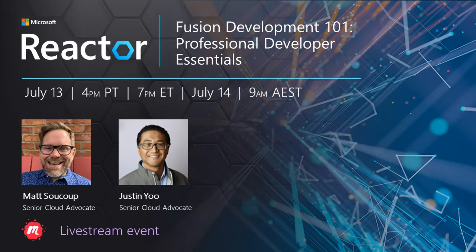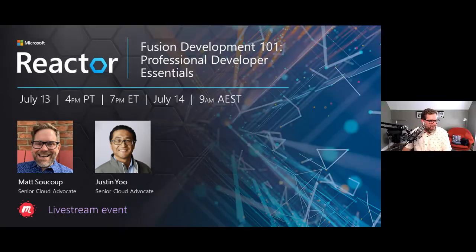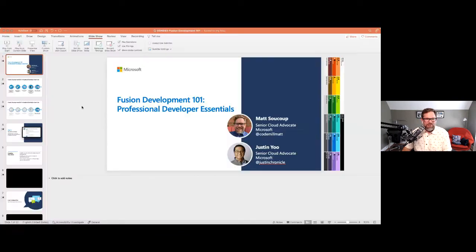Welcome. Thank you both. Sorry, Matt, you're muted. No, this is how you know it's live, is that when everybody starts making mistakes. So, hi, everybody. My name is Matt Zakup, and I am joined by my favorite person in the entire world, Justin Yu.